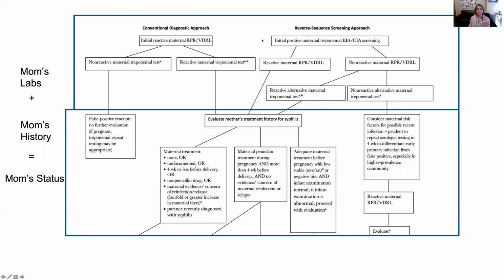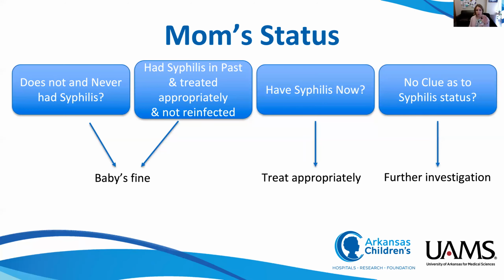The top part is mom's labs. Once you go through mom's labs, you get mom's history, and that gives you mom's status. Once you determine mom's status, this algorithm walks you through it. If mom does not and has never had syphilis, then the baby's fine.